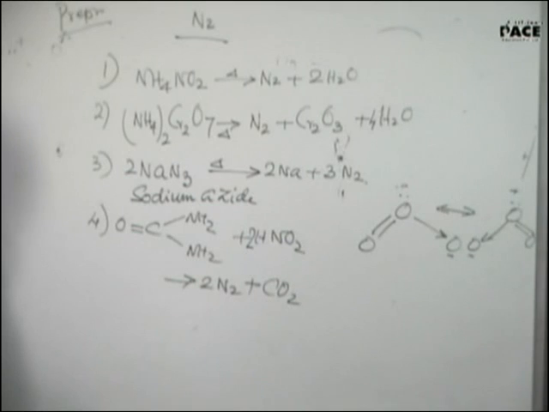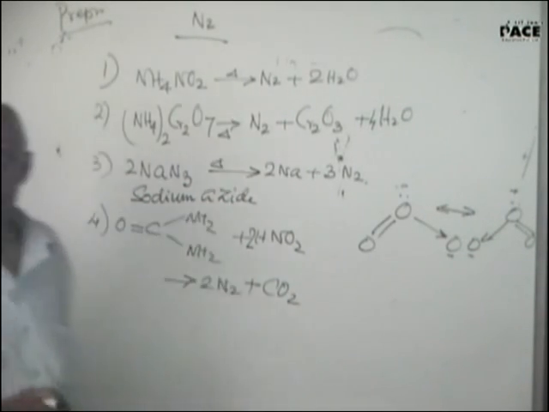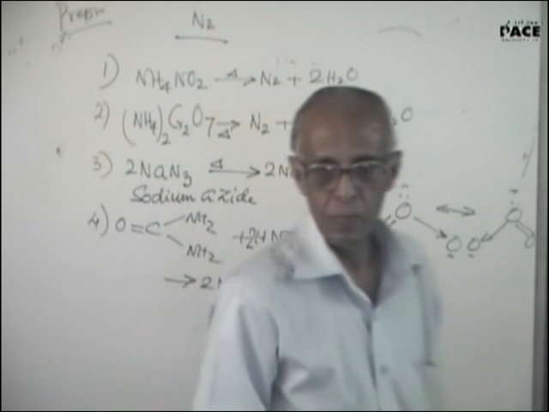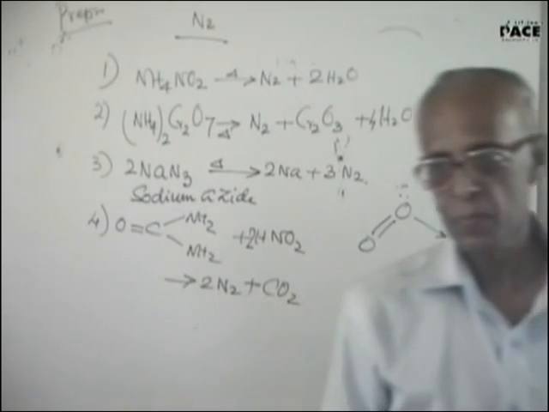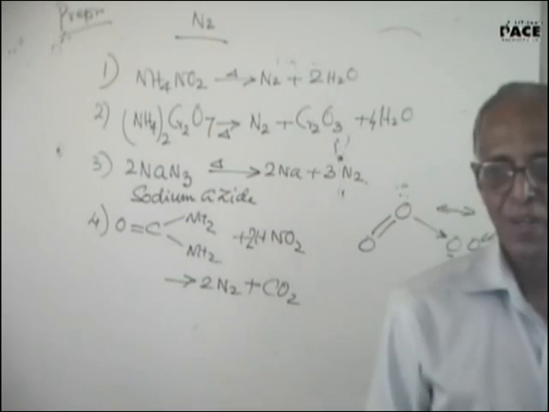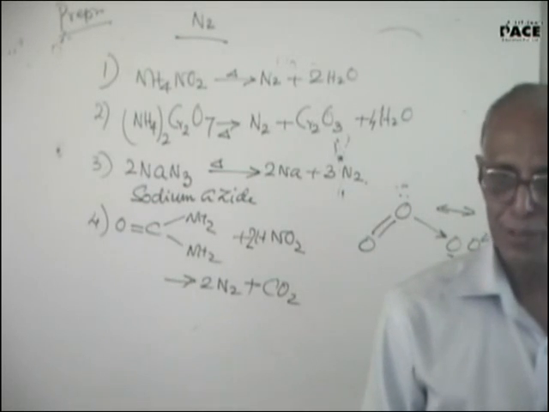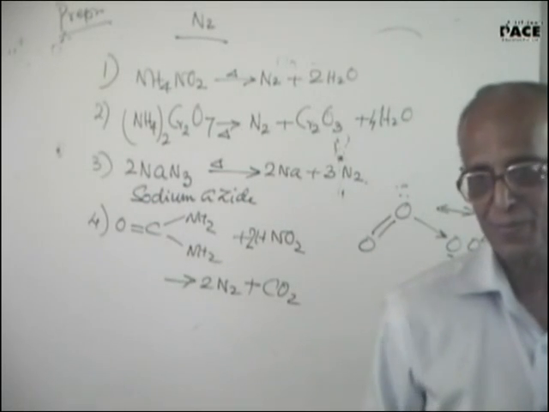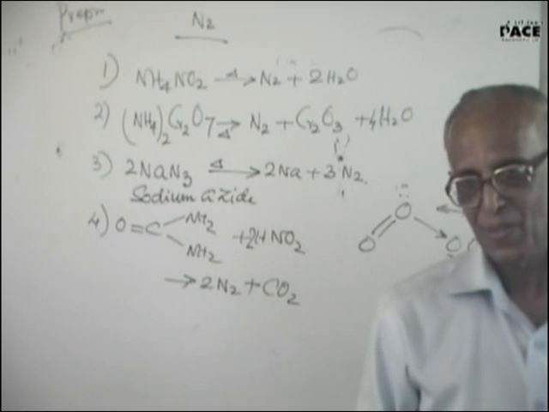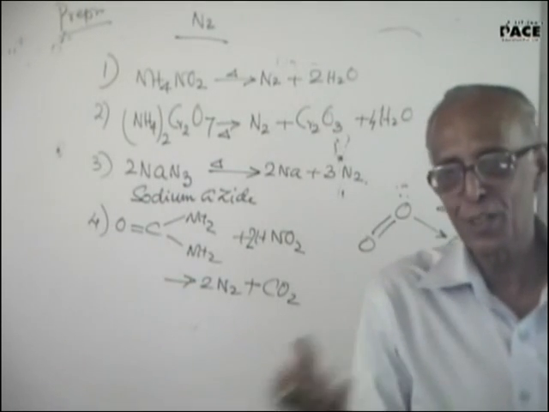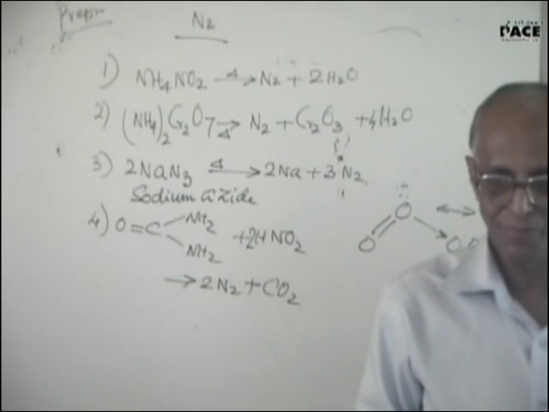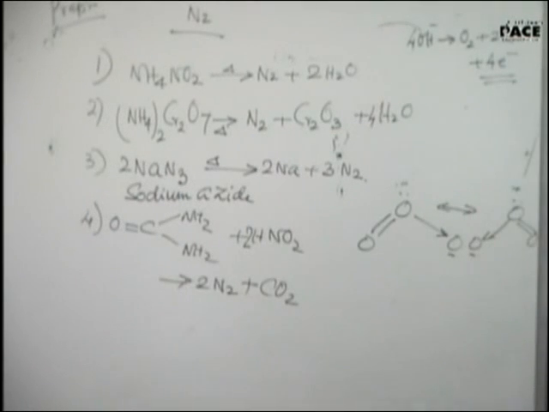Sir, in the last reaction of 2KOH plus 5O3 gives 2KO3 plus 5O2 plus H2O, what is getting reduced? Ozone is getting reduced to ozonide ion. Sorry, what is getting oxidized? The hydroxide ion gets oxidized to oxygen, releasing electrons.